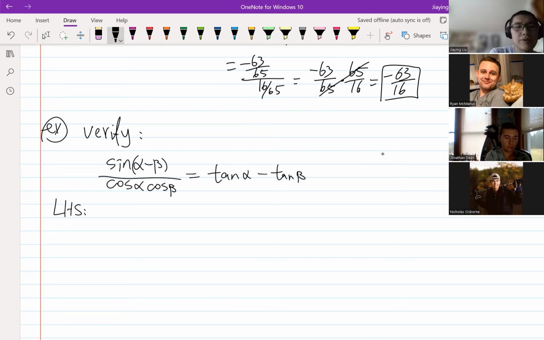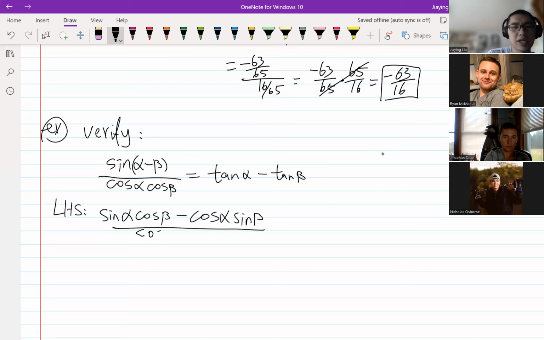So I'm going to have sine alpha minus beta. I'm going to expand that difference. So that's going to be sine alpha cosine beta minus cosine alpha sine beta. And that's all going to divide by cosine alpha cosine beta. And from here, we're going to separate the fraction into two.